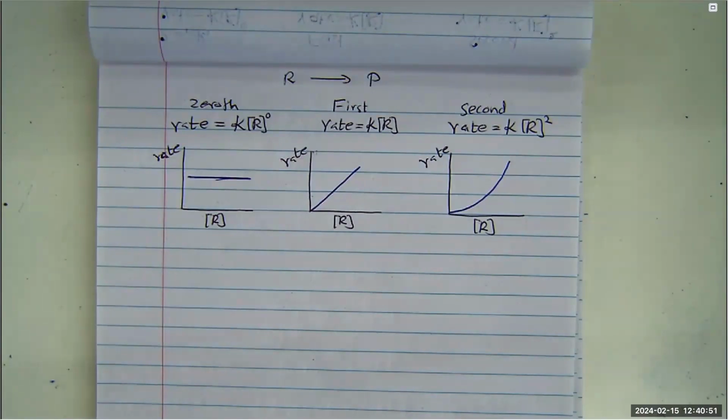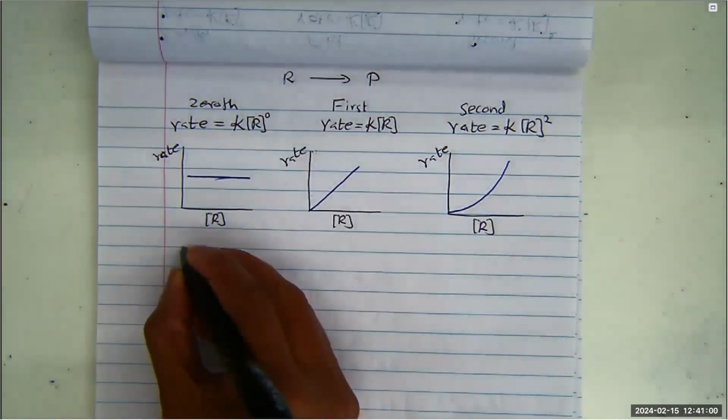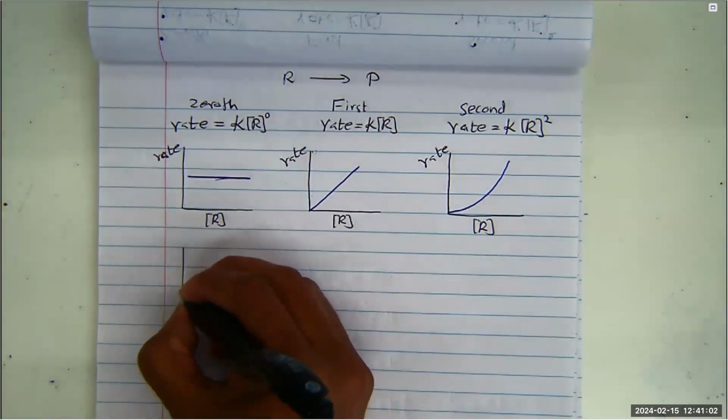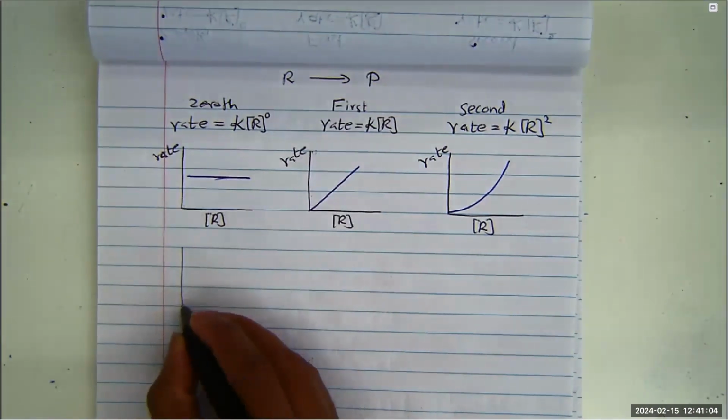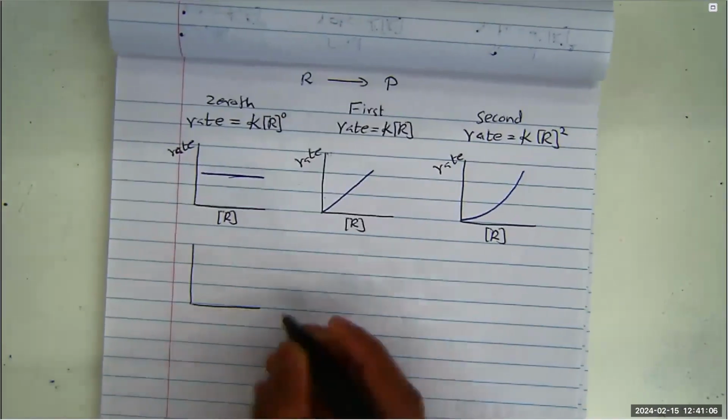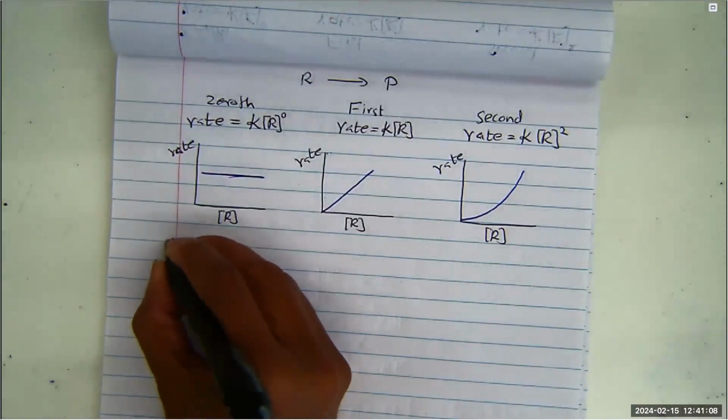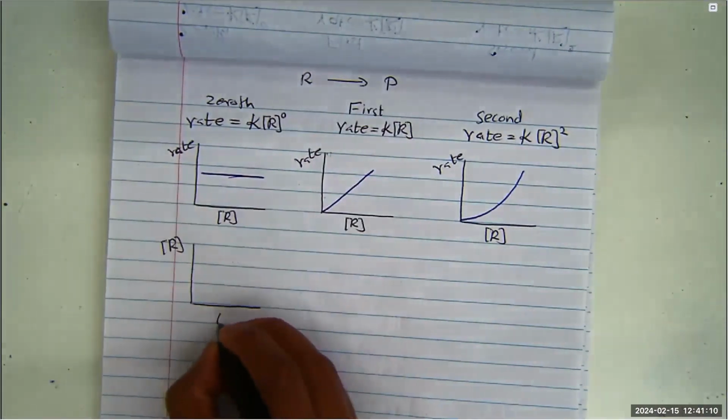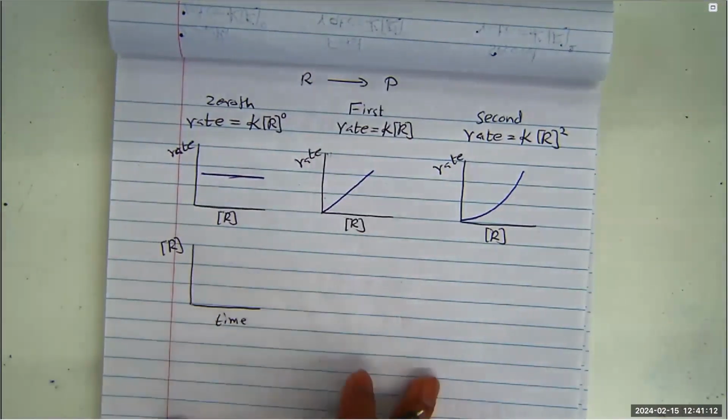Now, the other thing is we can think about how the reactant concentration changes with time. I'm going to use small graphs now. So let's think about how the reactant concentration changes with time for a zeroth order reaction.